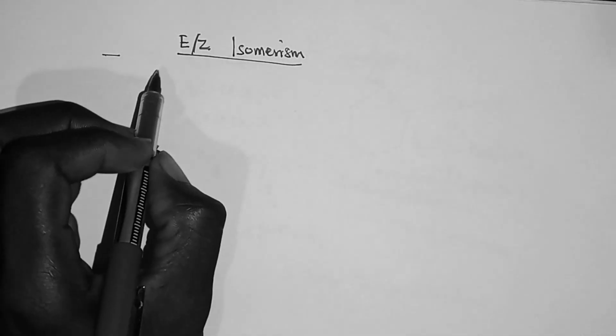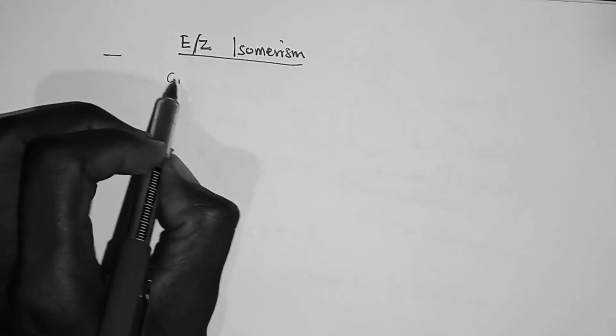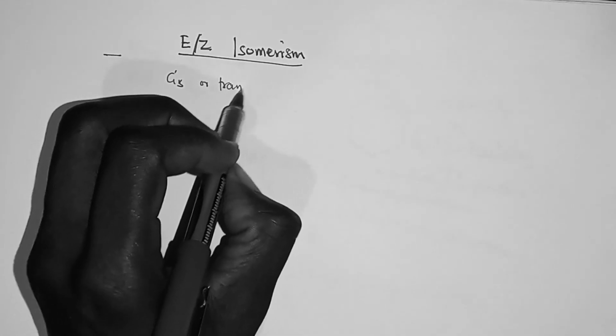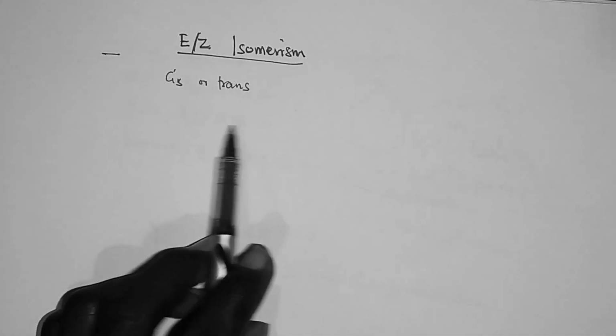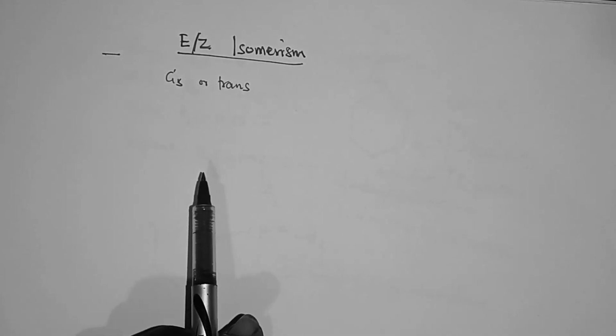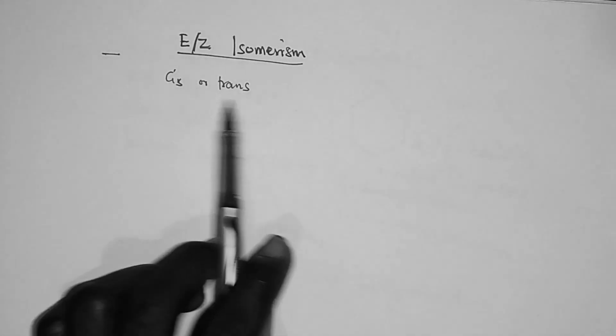Let's talk about E and Z isomerism. E and Z isomerism is a way of showing the isomerism in double bonds. So geometric isomers can exist as cis or trans, as we have seen in previous videos. I'll provide a link to the videos on stereochemistry in the description below. So we have cis and trans isomerism.